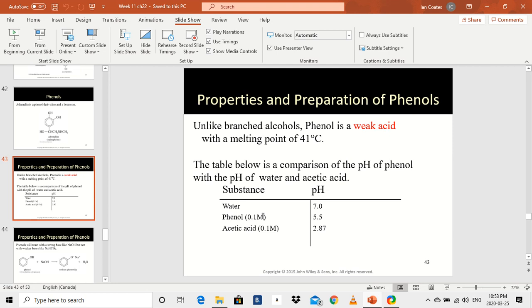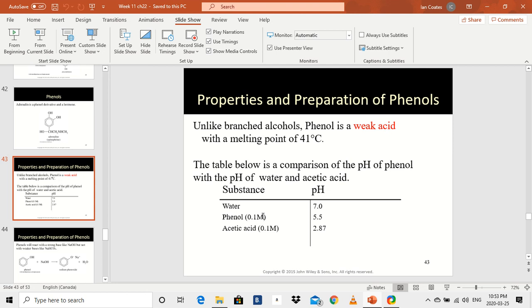When you put an OH group into water, that H sometimes floats off. If the oxygen has a strong ability to steal the electrons, then that hydrogen off the alcohol group will jump into the water and make acid.